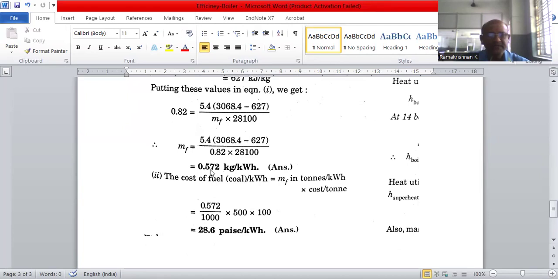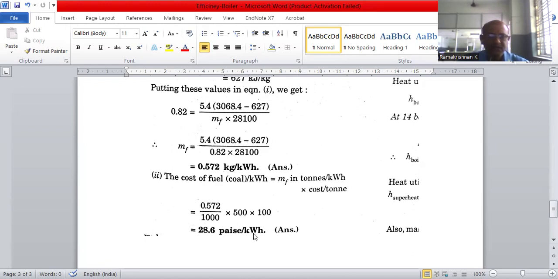So we have to multiply by 0.572, the mass of the fuel per kilowatt hour. So for 1000 kg, the fuel cost is 500; for 0.572 kg per kilowatt hour, we can get the value of the fuel cost per kilowatt hour in rupees. Again, we multiply by 100.